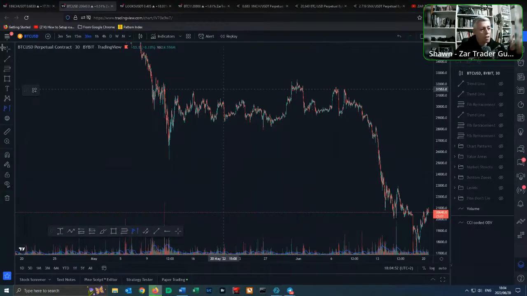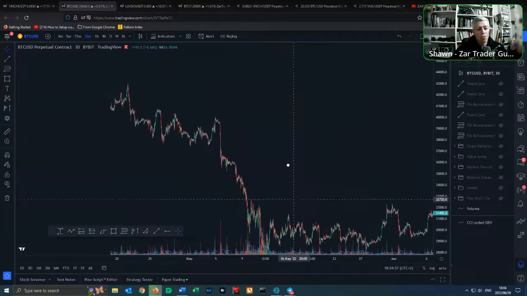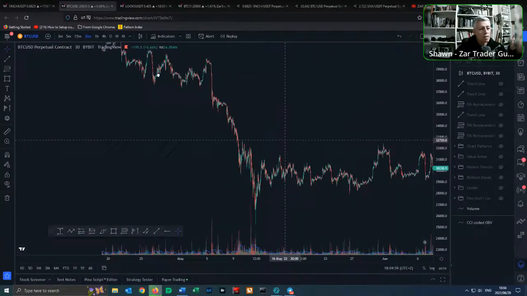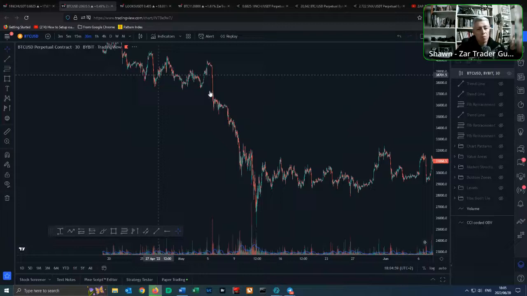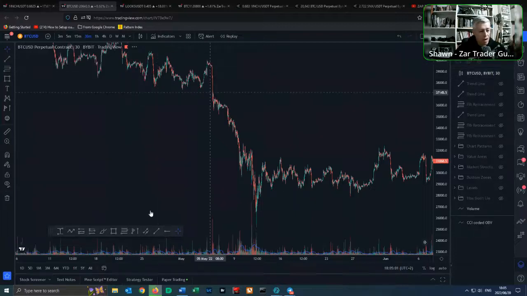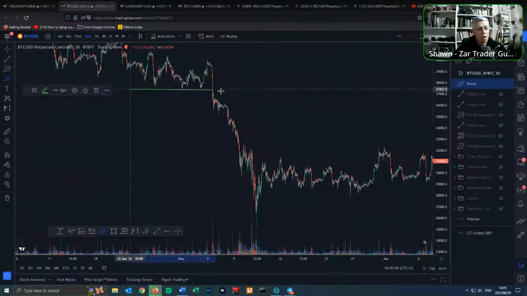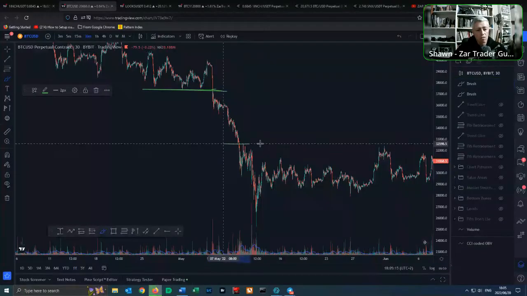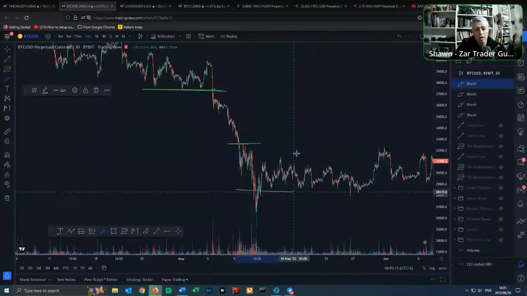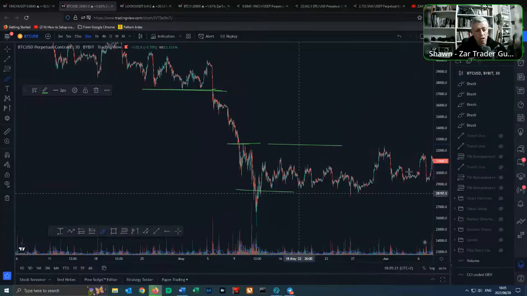You can see we were trading above this range. Here we had a range, and we broke the range. So at this point here is where the range would have ended. You can see there was kind of support there, and on that candle the range broke, and we started a new range over here, and we traded in that area for quite a long time.